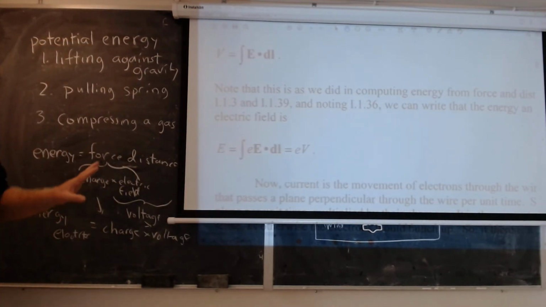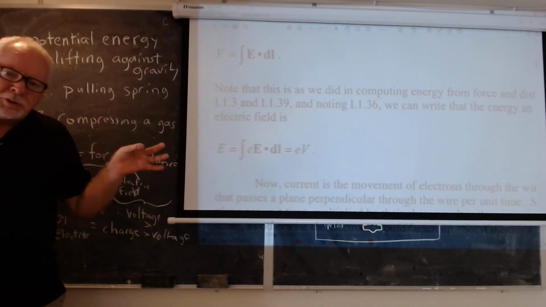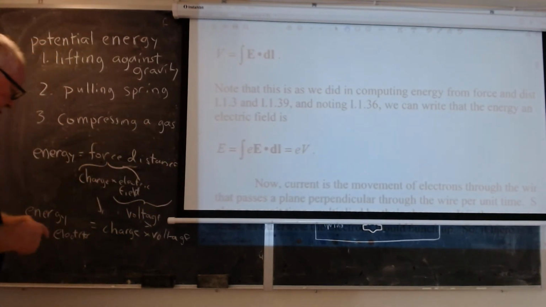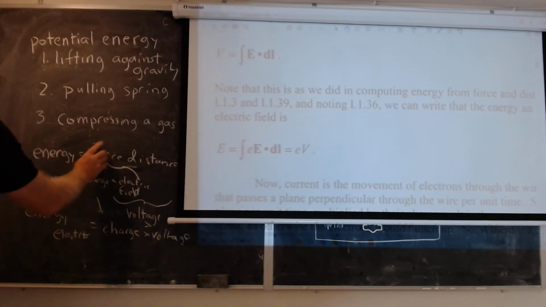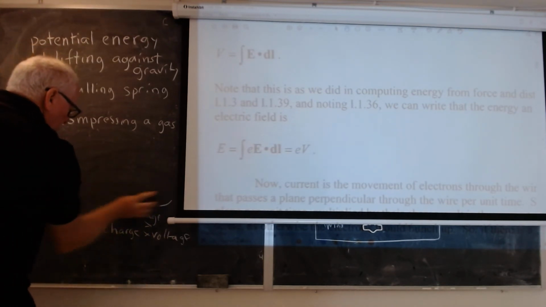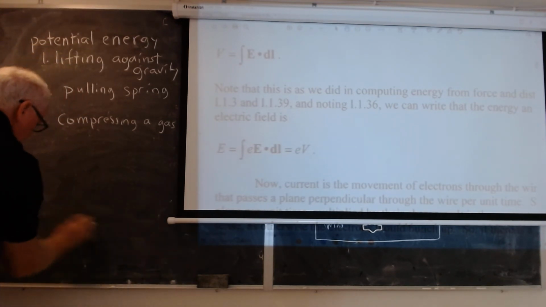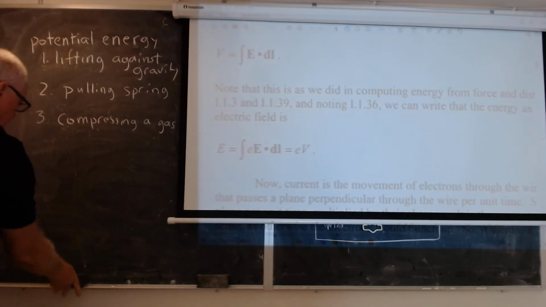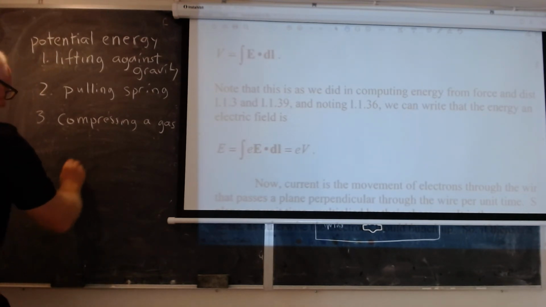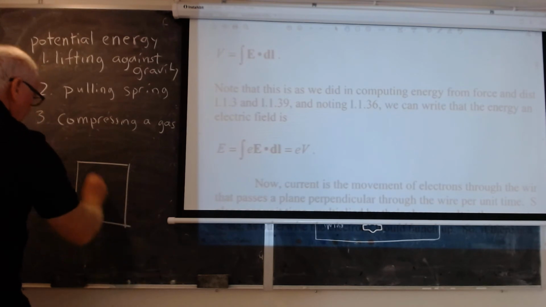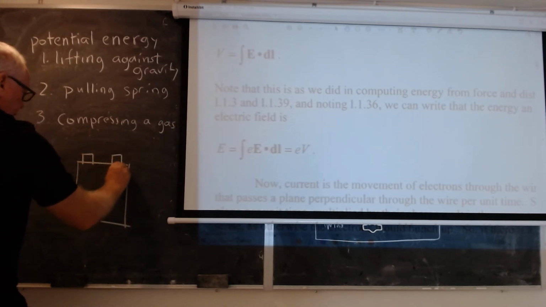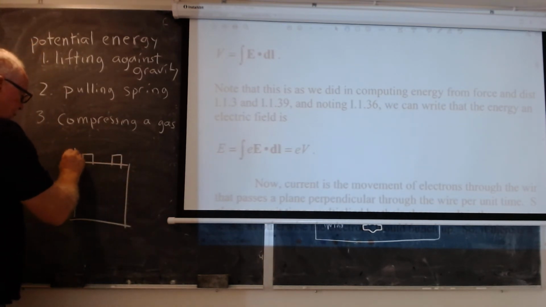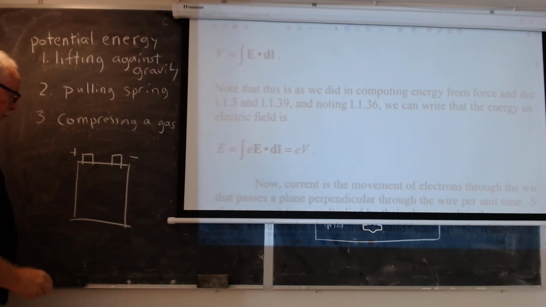For example, in my 9-volt battery, if I took a certain charge, let's do that. So let's take my 9-volt battery, and let's say this is the plus terminal and this is the minus terminal.